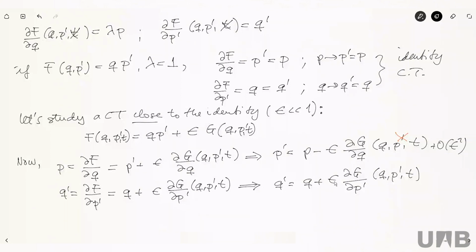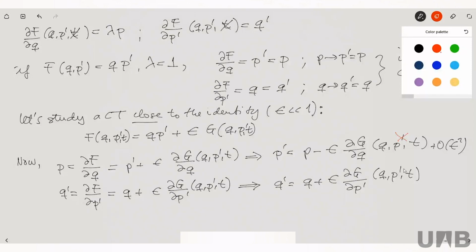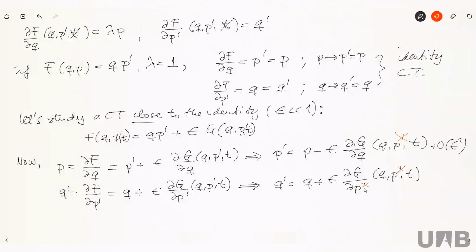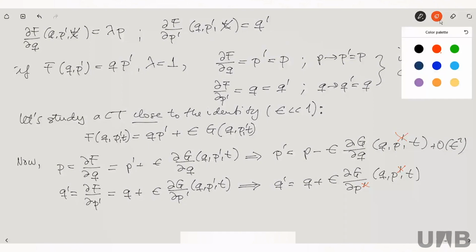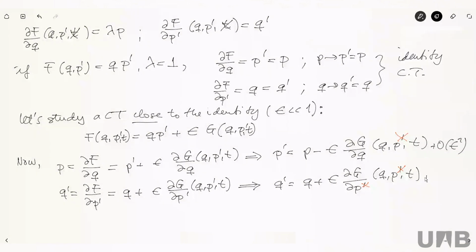But again, since this is already of order epsilon, here I can just forget about the primes. This is going to be true up to order epsilon squared. Any questions up to now?